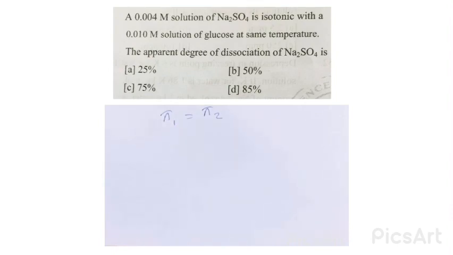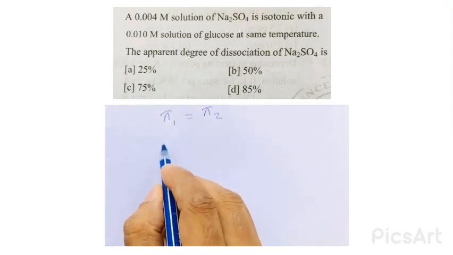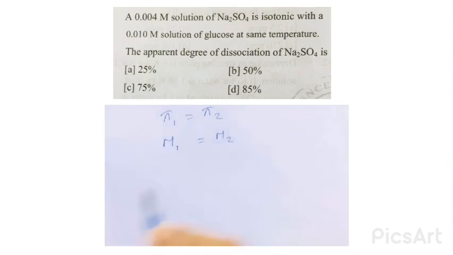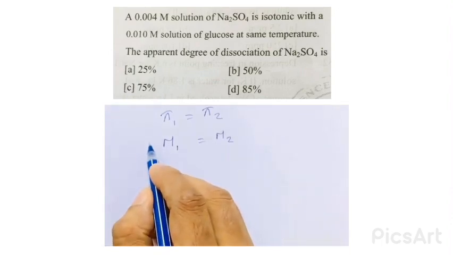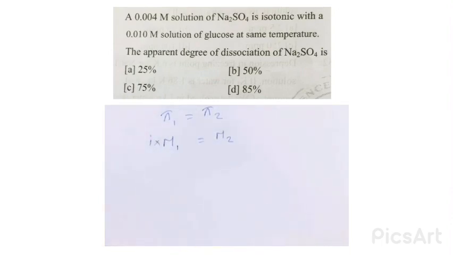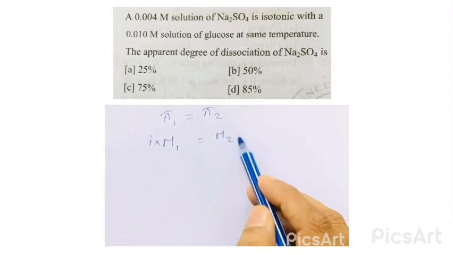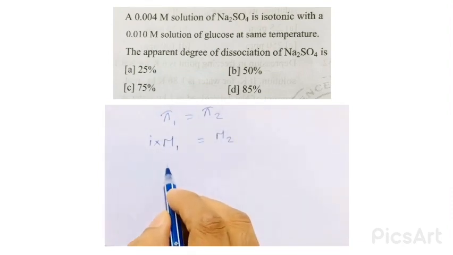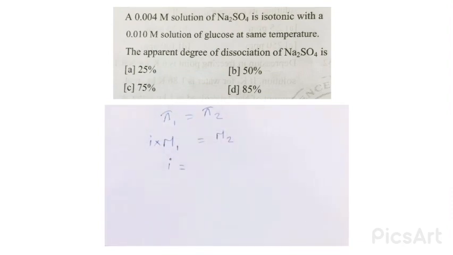If osmotic pressure is the same, then their molarity should be the same. But here Na2SO4 is an ionic compound, so it should be multiplied by i. But for glucose, it is not an ionic compound, so there is no need of the i factor because its i value is 1. So we can calculate i from here.